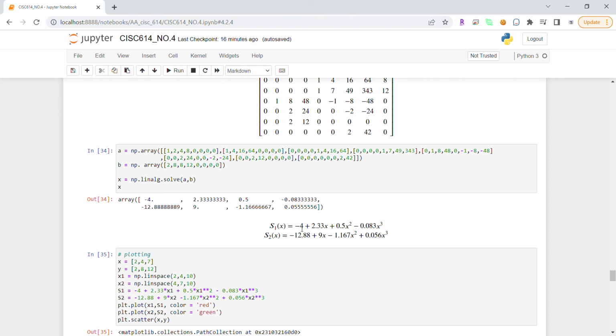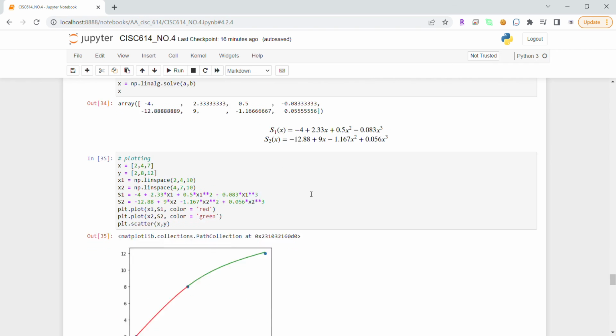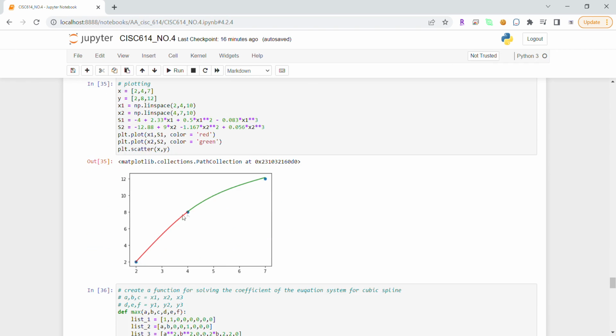So we got the first model. The model for the first data set looks like this, and then I plot this model, and we can see the splines. There are 2 splines across 3 points, and the first spline passes through the first and the interior point, and the second passes through the interior and the third point.